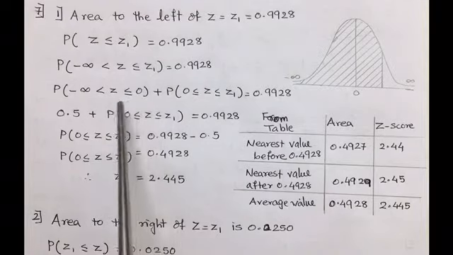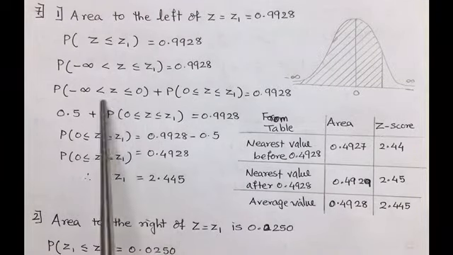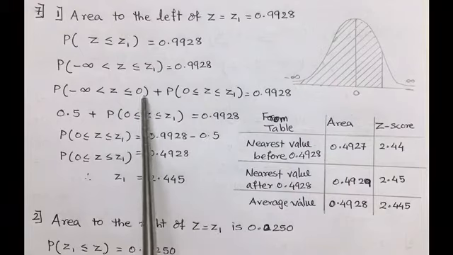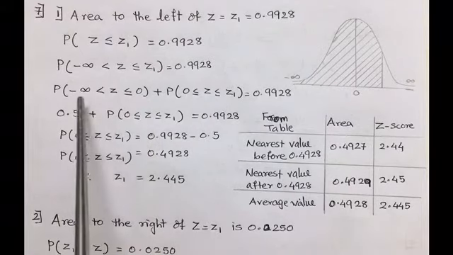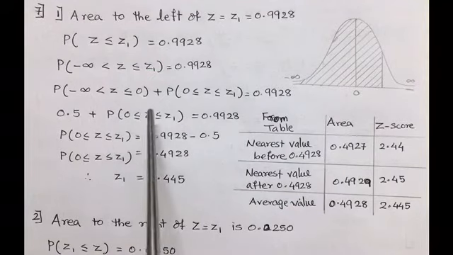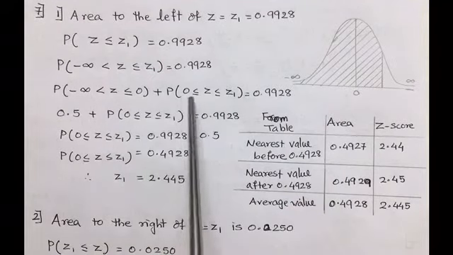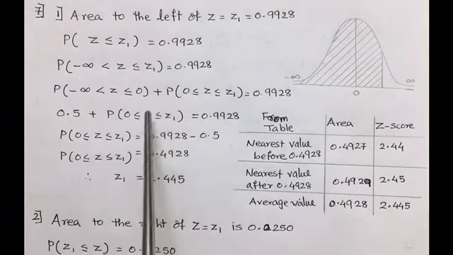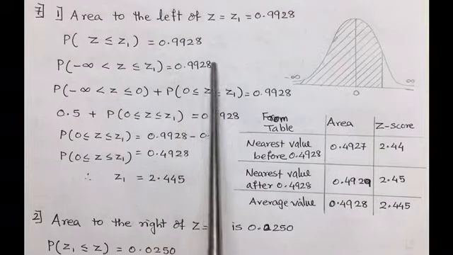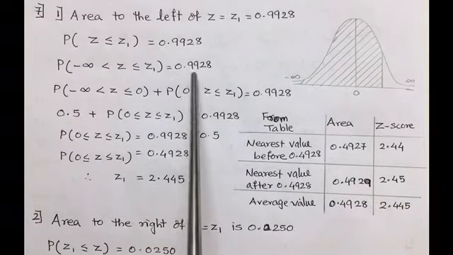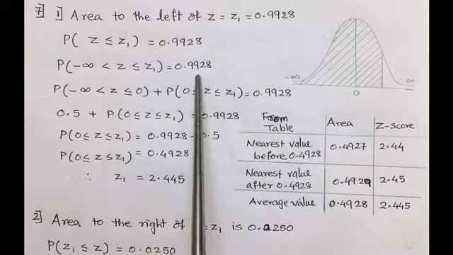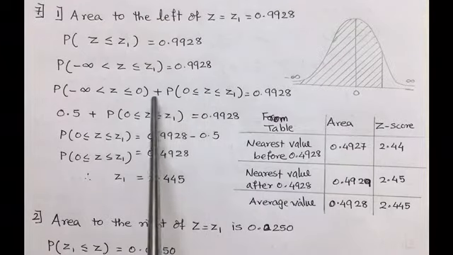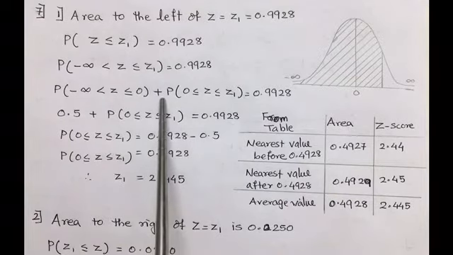For that we have to break the probability from 0. So we take it as minus infinity to 0 plus 0 to z1. Now why plus sign is kept here? If the given area is more than 0.5, then by separating the probabilities, sign in between will be plus.